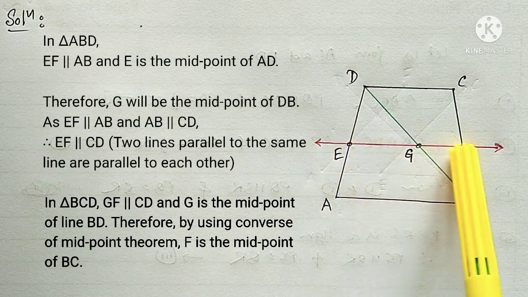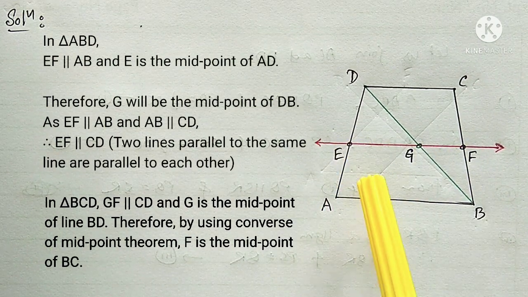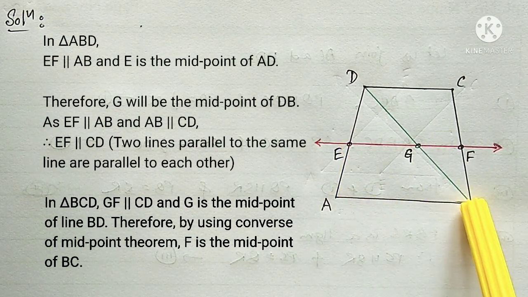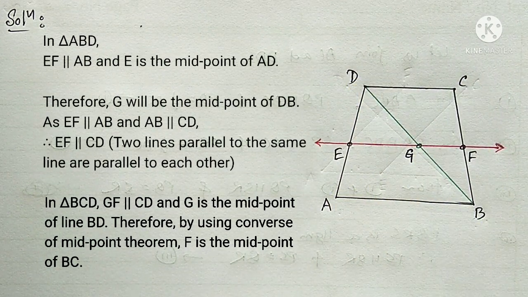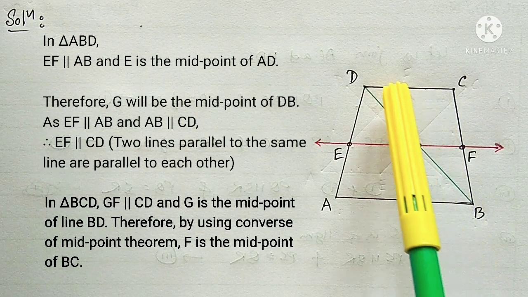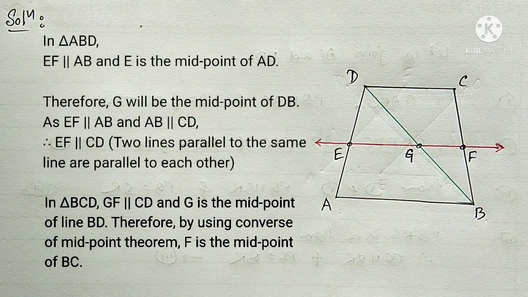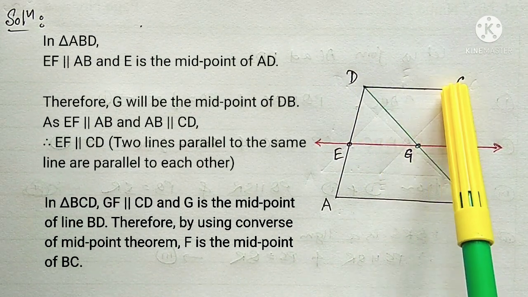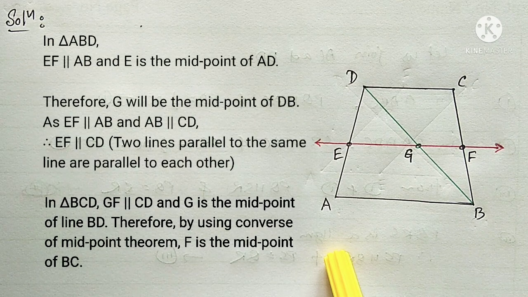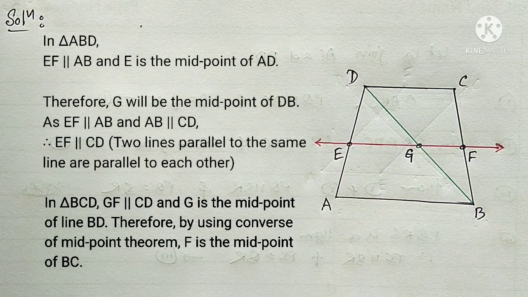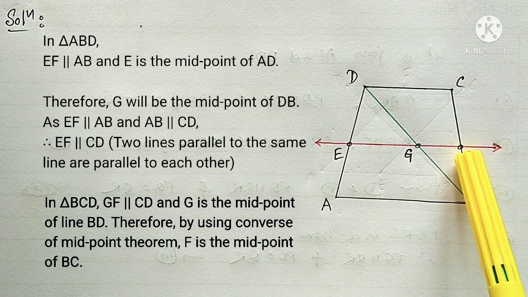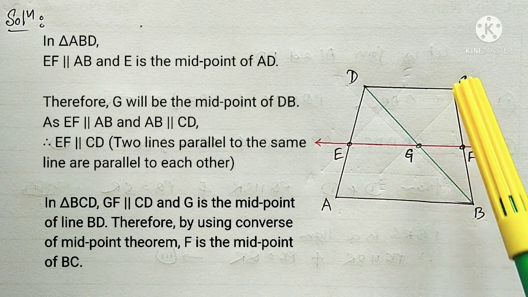And already we know EF is parallel to AB. If EF is parallel to AB as well as AB is parallel to CD, then from here we can say GF is also parallel to CD. If GF is parallel to CD and G is the midpoint of BD, then from here easily we can say F is also the midpoint of BC.